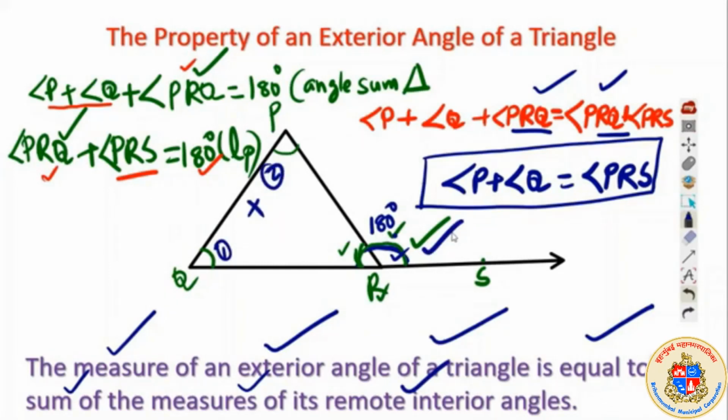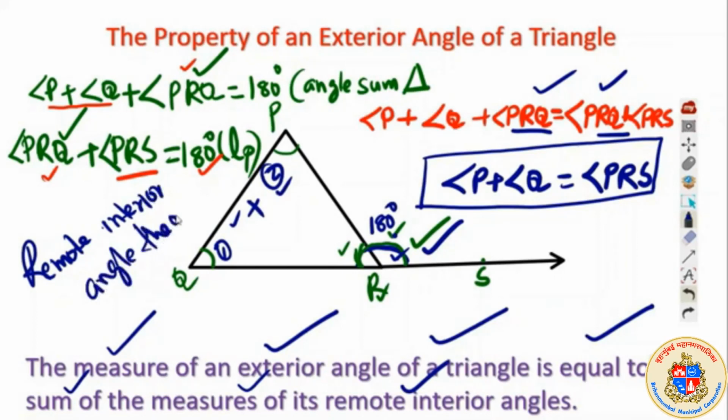We take this particular theorem, very important, and it is also named the exterior angle theorem. It is also named the remote interior angle theorem. Remote means far away angle, these two are the far angles. Far from what? From the exterior angle. Remote interior angle theorem, which has a lot of application.